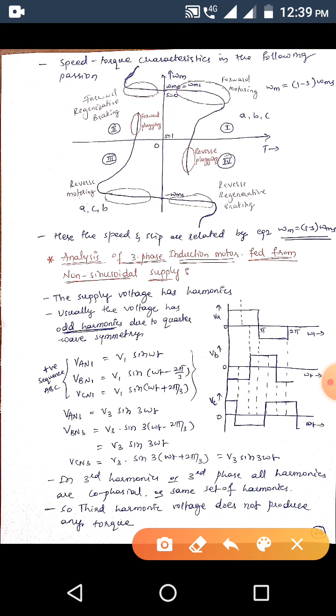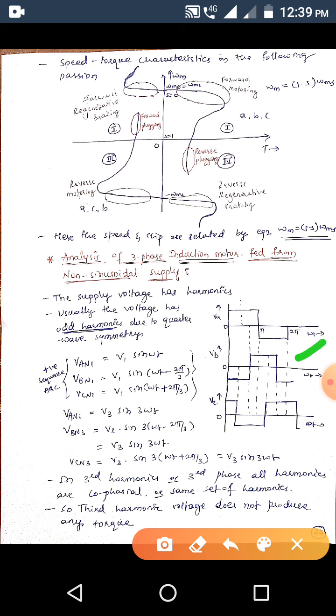Okay, so let us write the single phase harmonics here. Across all the three phases, Van1 is equal to V1 sin omega t. So it is a sinusoidal signal, as we say. Then Vbn1 will be the 120 degree phase shift, negative here. So it is V1 sin(omega t minus 2 pi by 3).